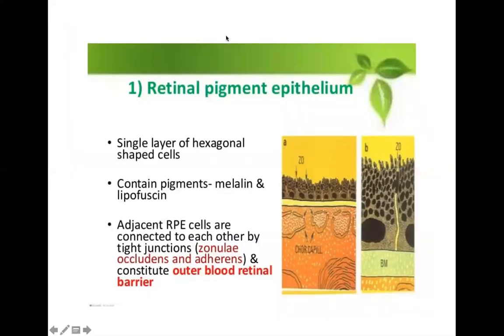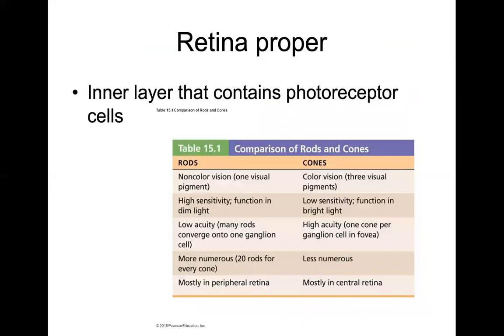So your retinal pigment epithelium is the outermost layer of the retina. This contains your pigments melanin and lipofuscin. Okay, so this retinal pigment epithelium is the outermost layer, and along with that you have the retina proper that contains your photoreceptor cells. You have the rods and the cones.